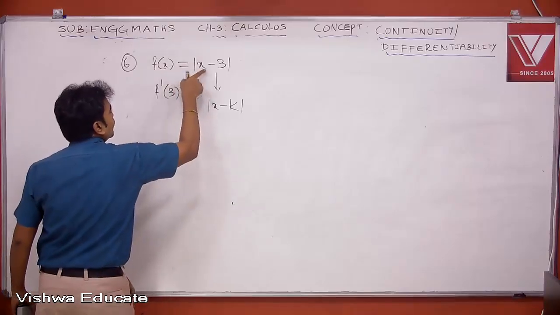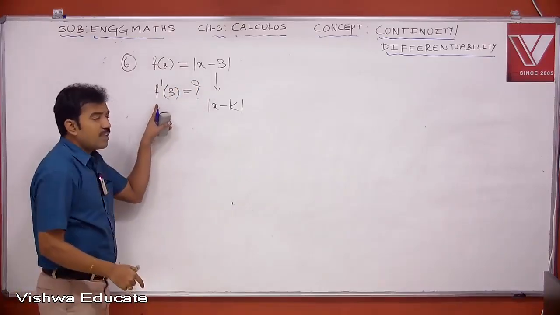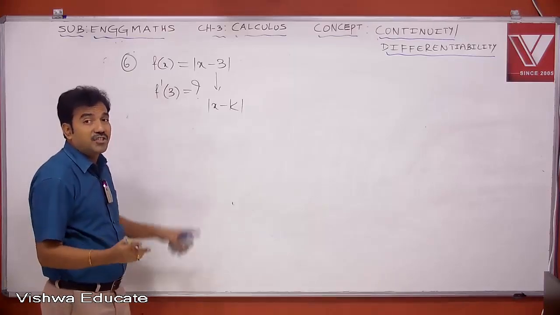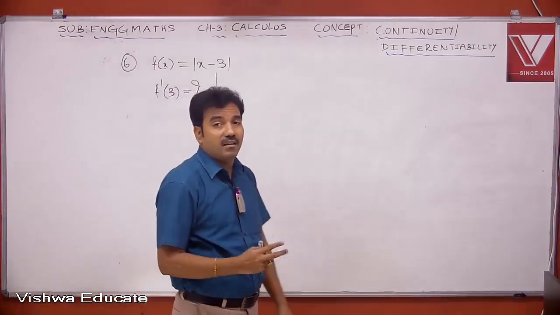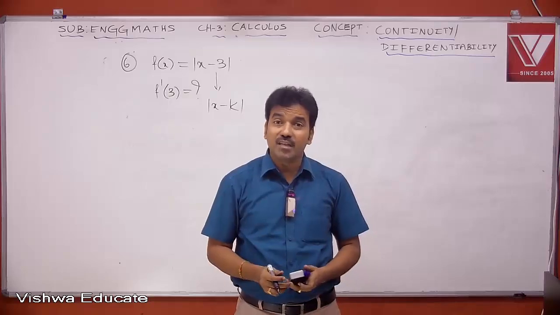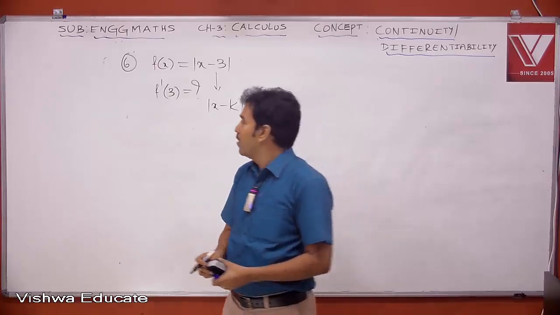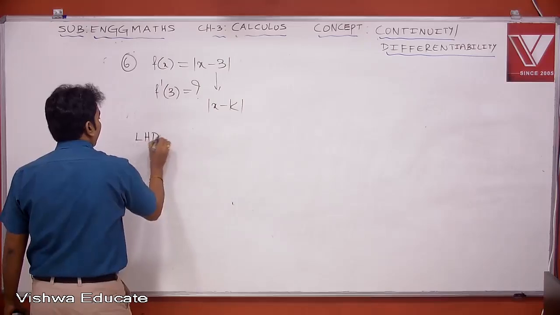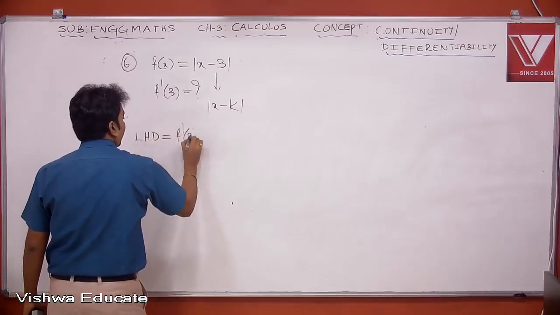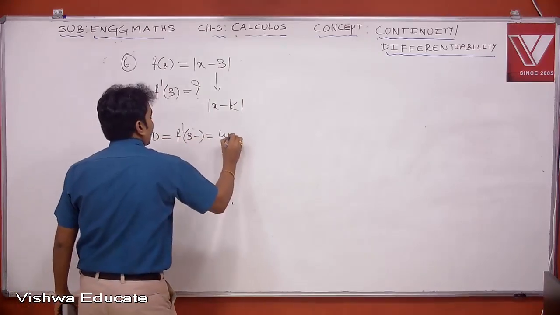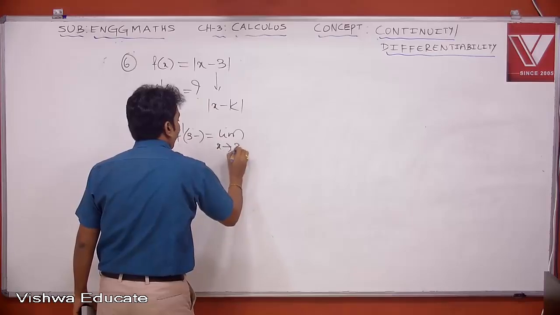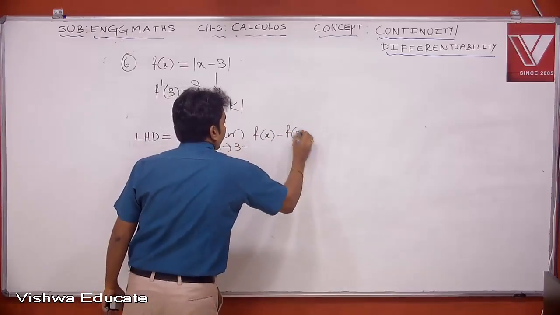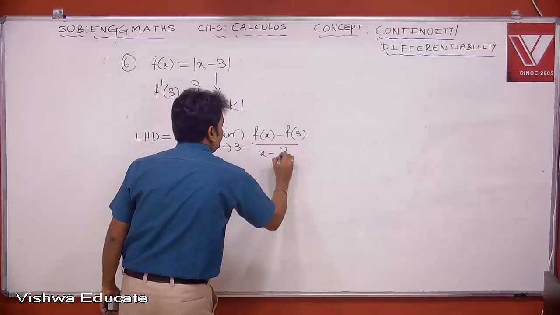Since the function contains a modulus operator, when you are discussing the derivative, try to evaluate both LHD and RHD, left hand and right hand derivatives, as we have seen in the case of limits. Okay. Now let us see at first. LHD equal to f dash of 3 minus, this is equal to limit x tends to 3 minus of f of x minus f of 3 divided by x minus 3.